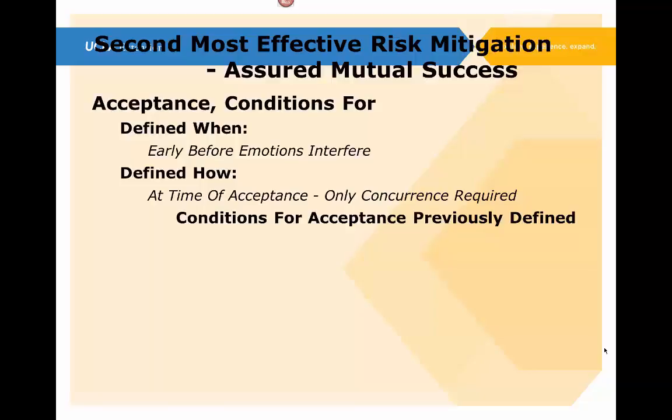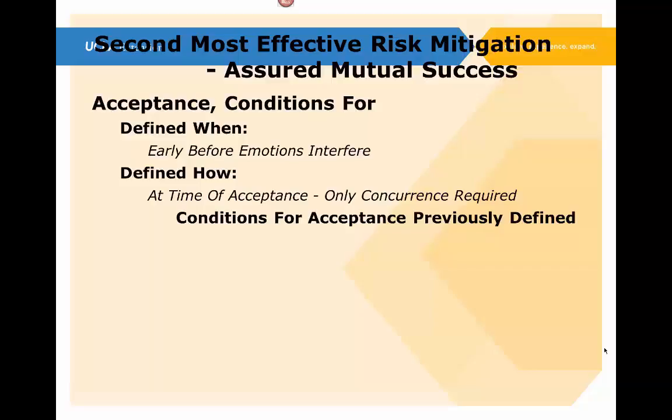And by having the conditions for acceptance defined early, you keep the emotions out of it, and everybody has the same level of focus, and you can define what the criteria has to be for acceptance. And then from that, you can generate a checklist. At the time of the actual acceptance downstream in the project, by making sure that the checklist is complete, that everything that was agreed to for acceptance has been accomplished, then only concurrence is required.